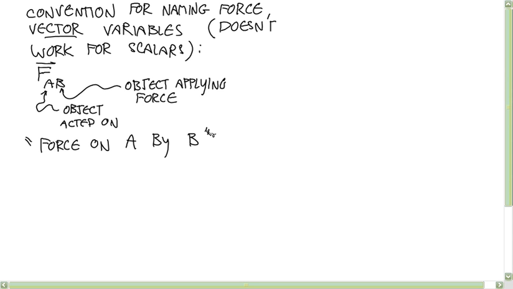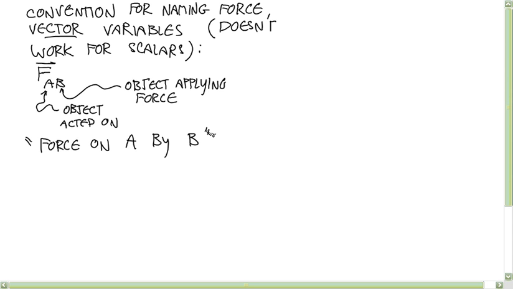Does anyone know what the benefit of this convention is? Have you guys used this before? There's a really nice advantage to writing your force vector variables this way.